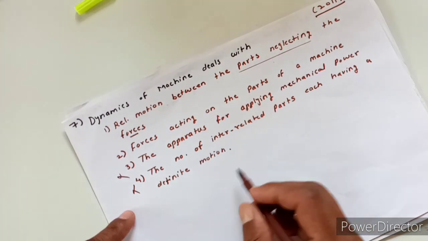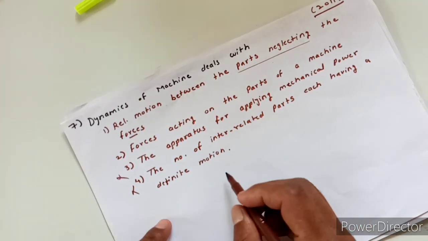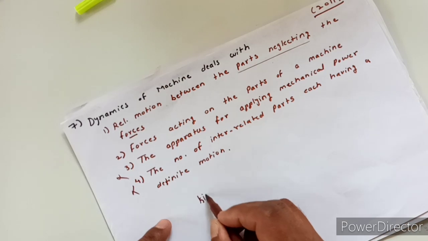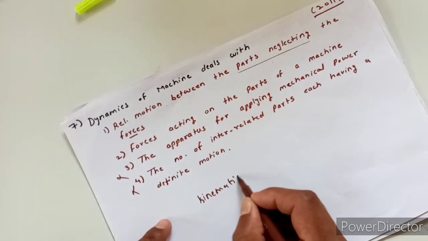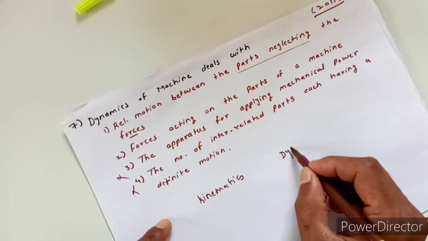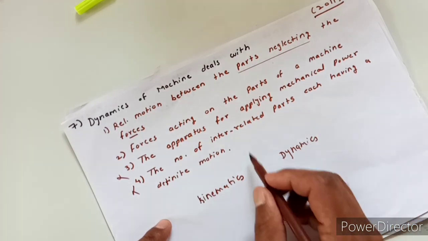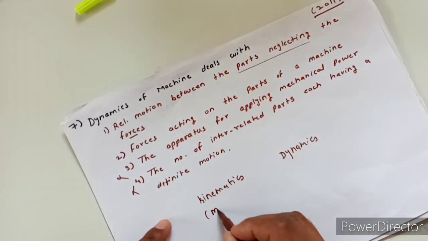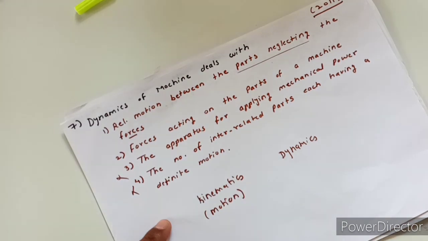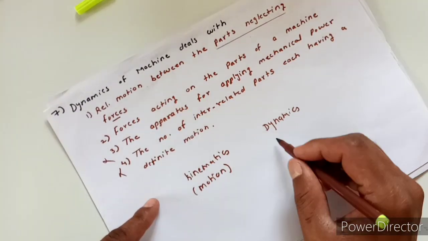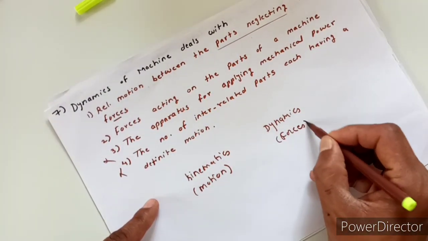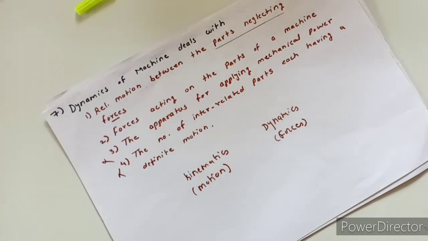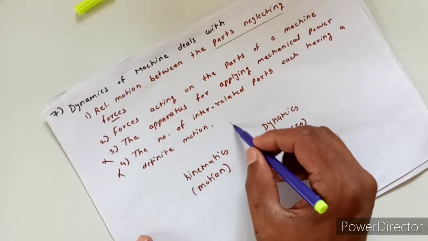Now we divide the study of machines into two parts. We know that kinematics and dynamics. In kinematics, we study the motion between different parts of a machine, and in dynamics, we study the forces acting on those parts.